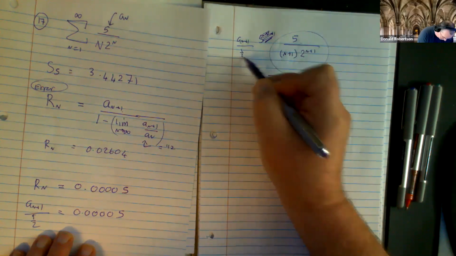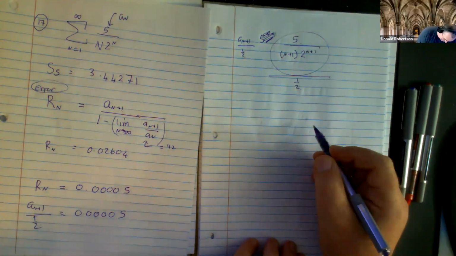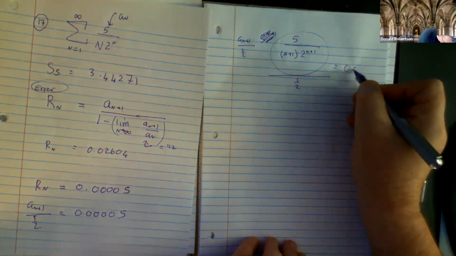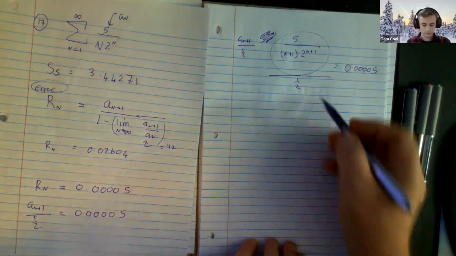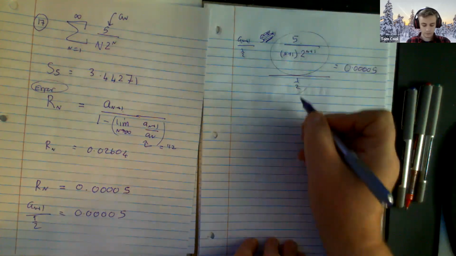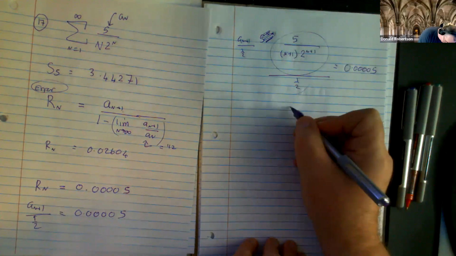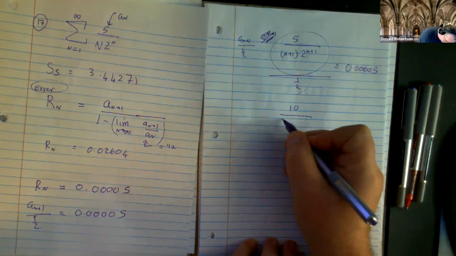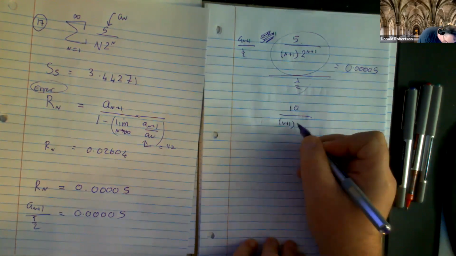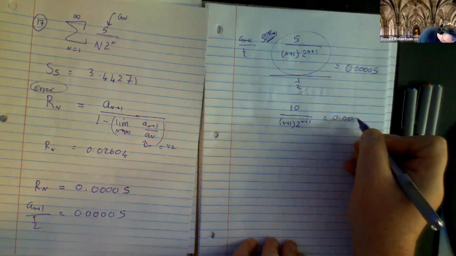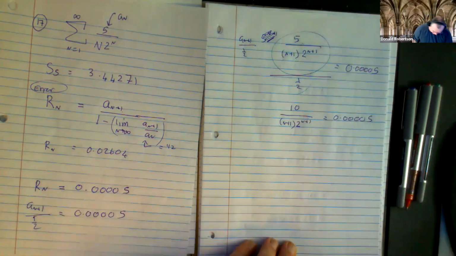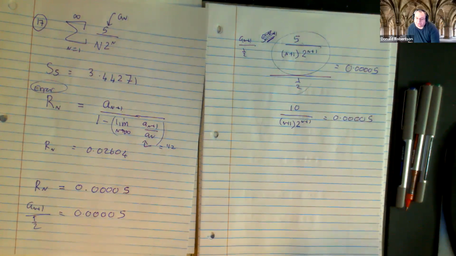And you want it over a half, so that's over a half. And you still want it to be that guy. Yeah. That's a bit messy, but that's the equivalent of multiplying by 2. So you're going to have 10 over n plus 1, 2 to the n plus 1 equals all that. Are you still with me?